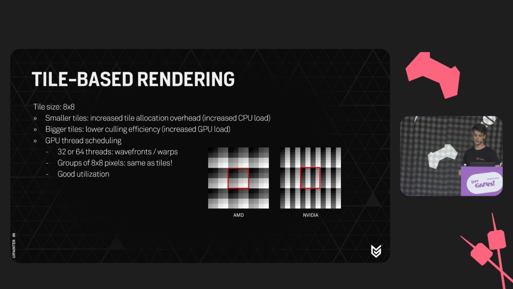Basically, that means that all pixels iterate over the same draw commands, so that we have really good utilization. In the future, we could also use techniques like wave intrinsics to speed this up even more. But for now, it's been fast enough.